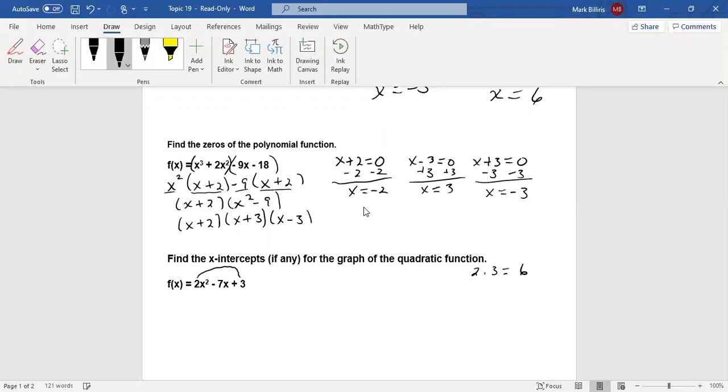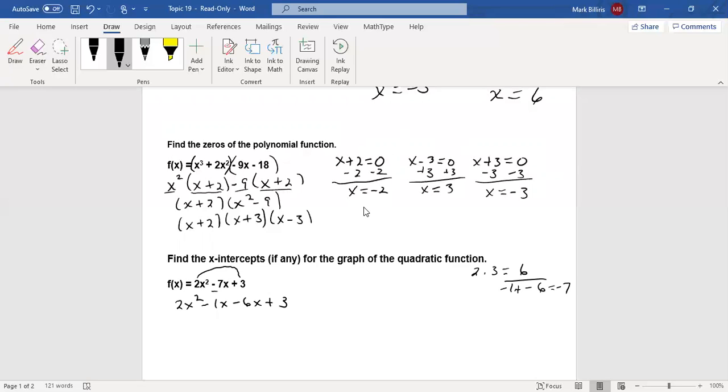And that gives me a positive 6. I'm looking for the 2 factors of positive 6 that add to my middle term, which is a negative 7. So I know that negative 1 times negative 6 equals positive 6, and negative 1 plus negative 6 equals negative 7.